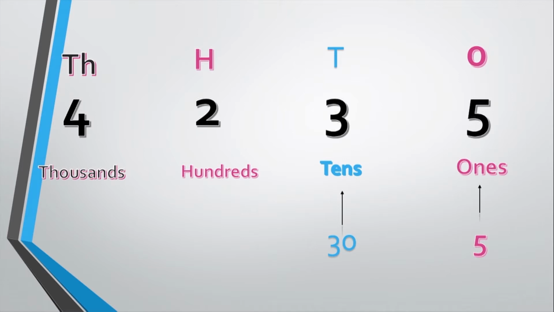The 2 in the hundreds place carries, what value do you think that it carries? Good. 2 hundreds. Good. And lastly, we have the 4, which is in the thousands place, and it carries the value of, good, 4,000.